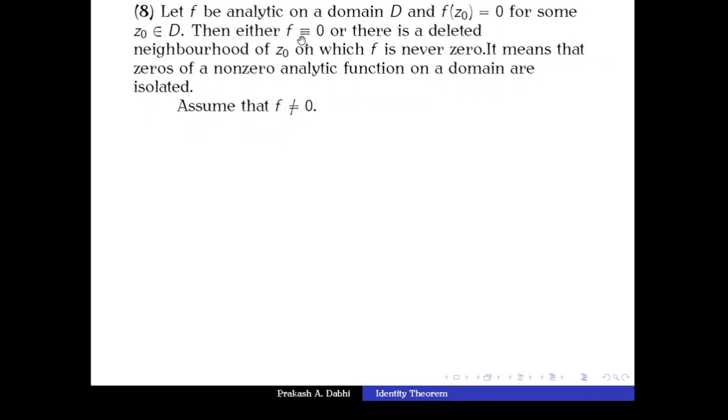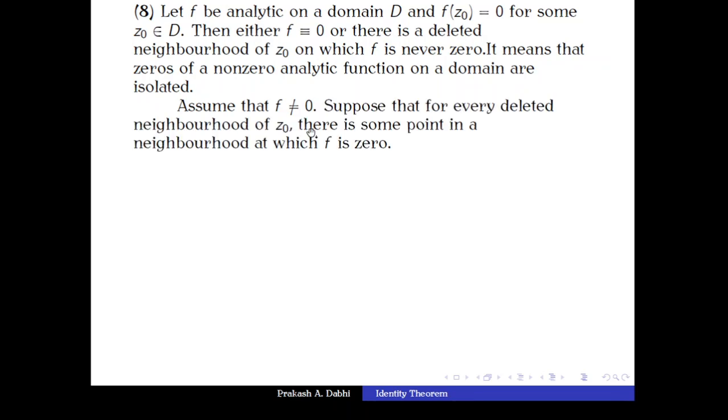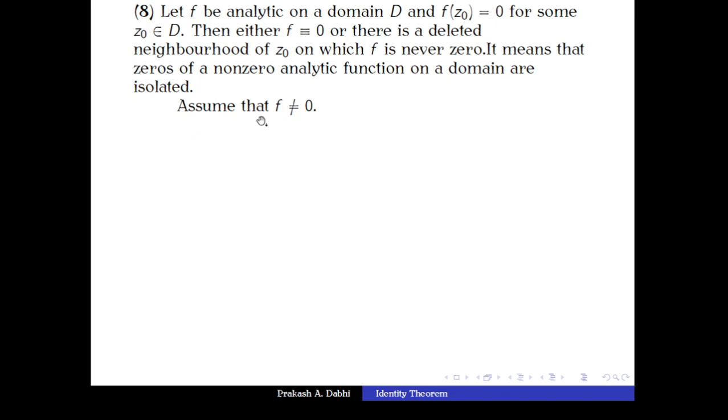As I said, we assume that f is not identically 0. f is a function on D, it is not identically 0, this is what we are assuming. Now we want to show there is a deleted neighborhood, so we again assume that the second statement does not hold, and then we try to get some contradiction.